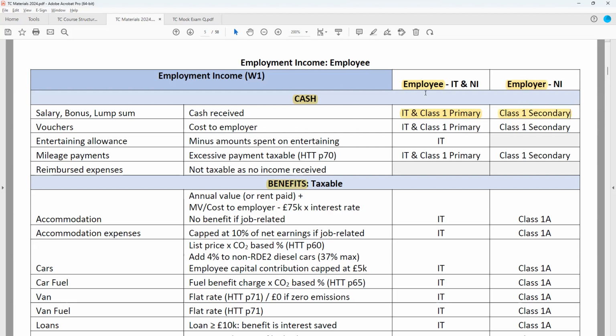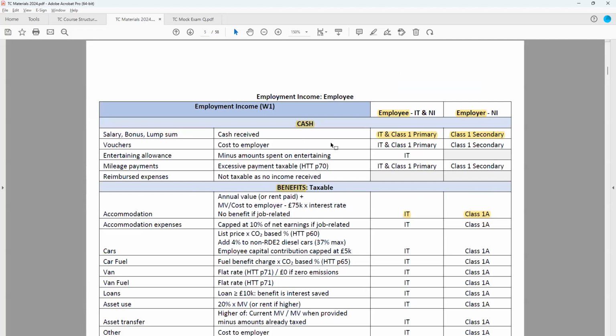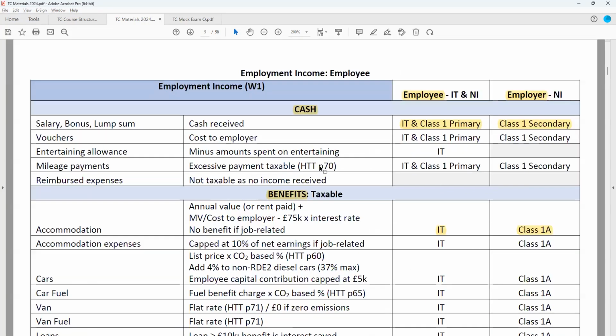However, with benefits, the employee will only pay income tax on taxable benefits, and the employer will pay Class 1A national insurance. So it's important that you firstly understand the technical principles here, and then you can focus on learning how each different benefit is taxed.